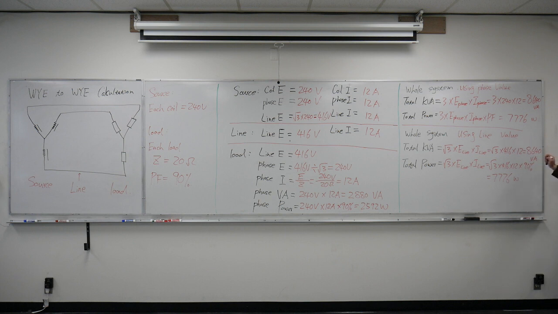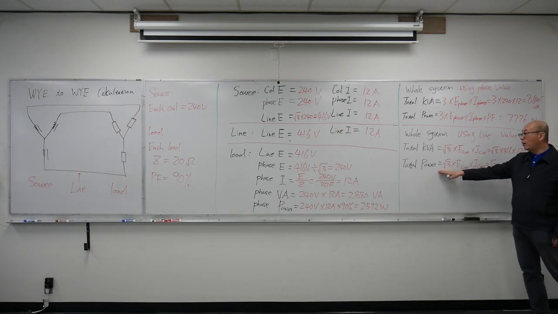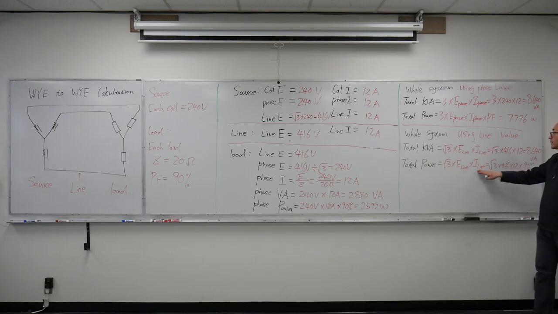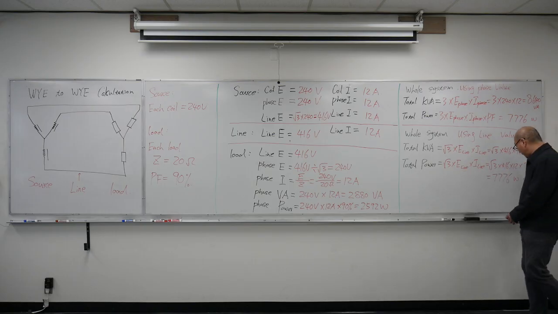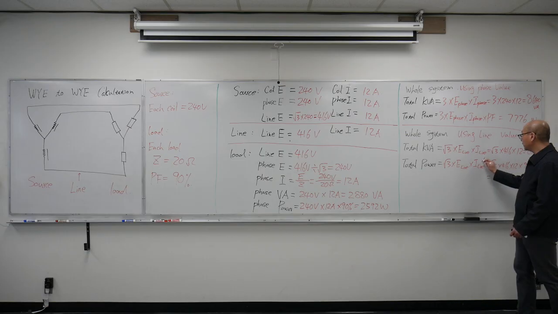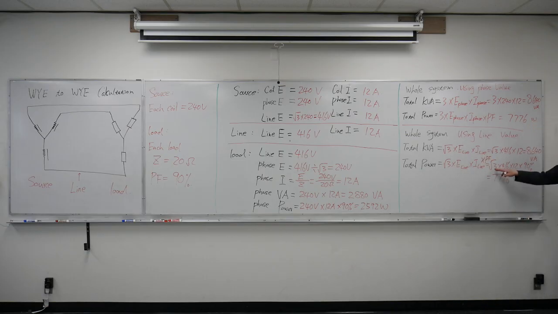The slight difference comes from rounding the √3. For the total power, the same thing: √3 times E line times I line times power factor gives me almost the same value as using the phase value.